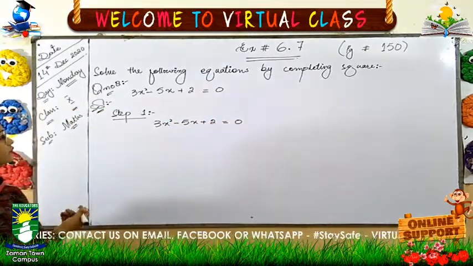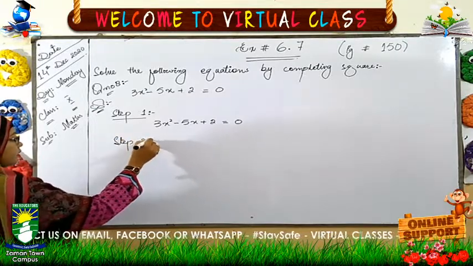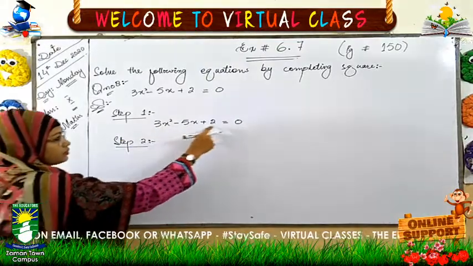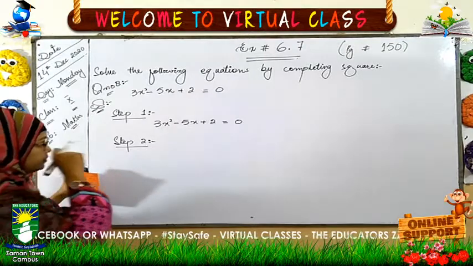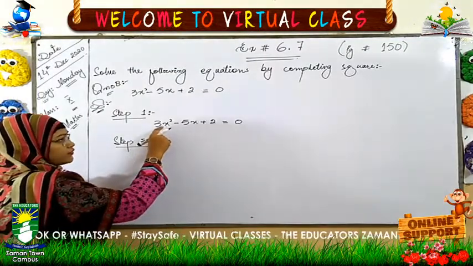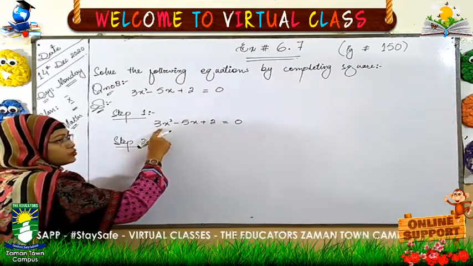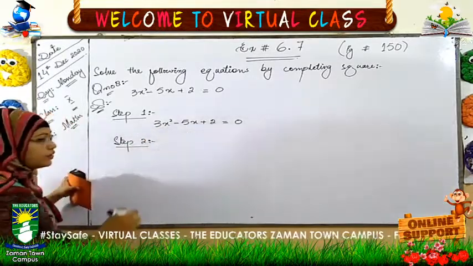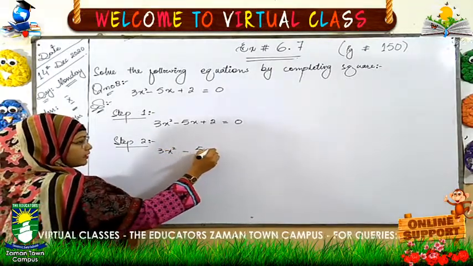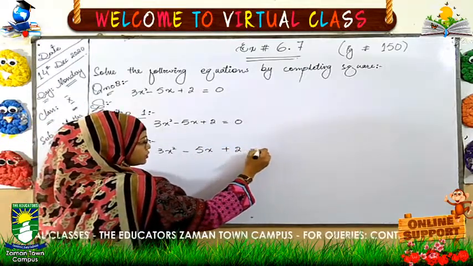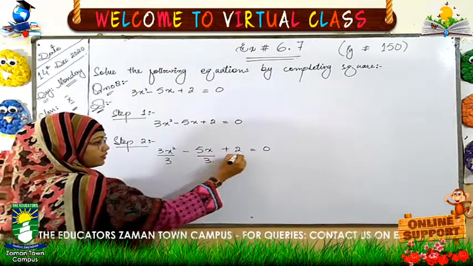Next, what do we have to do? Step 2: divide the whole equation by the coefficient of x square if it is not 1. What is the coefficient of x square? It is 3. So we will divide the whole equation by 3. 3x square minus 5x plus 2 is equal to 0, dividing the whole equation by 3.